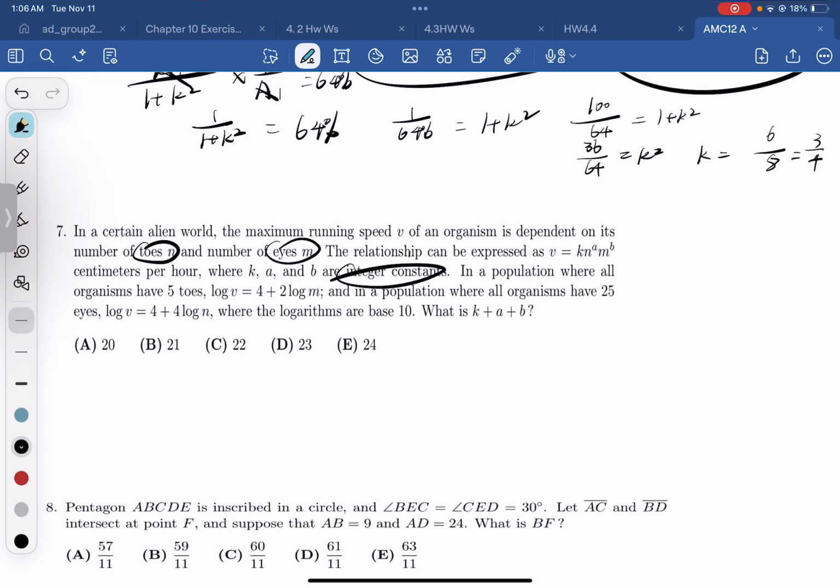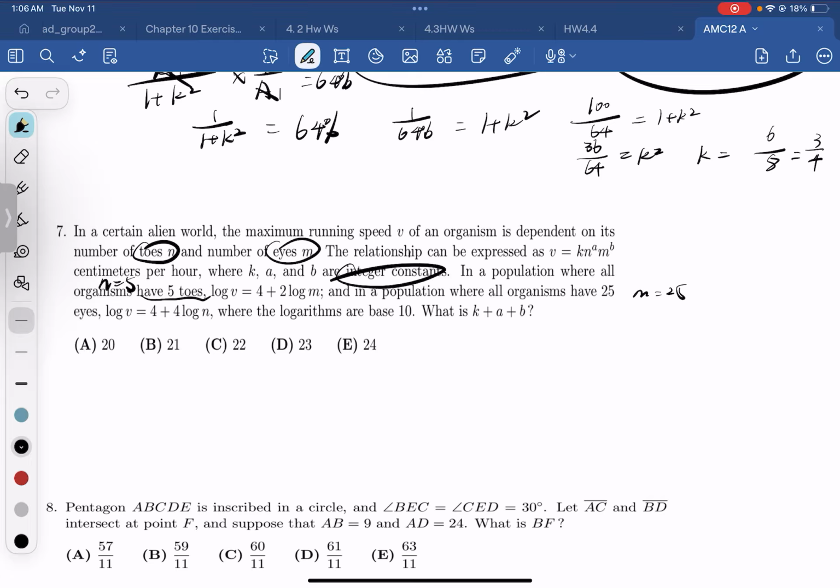In a population where all organisms have 5 toes, which is n equals 5, log base 10 of v equals 4 plus 2 log m. And in a population where all organisms have 25 eyes, which is m equals 25, log v equals 4 plus 4 log n, where the logarithms are base 10. What is the value of k plus a plus b?